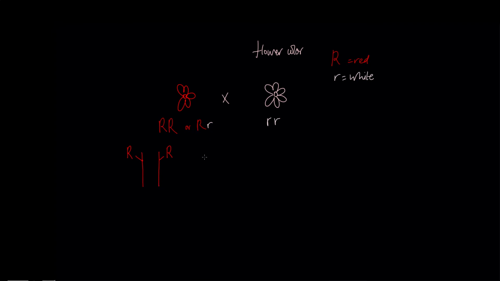If it's this genotype, then one of the pair says make red flowers, and the other chromosome, which is homologous, I'm just drawing it like this so you can see the difference, has a recessive allele on it, which basically doesn't work. This organism here has two chromosomes, one like this and one like this.